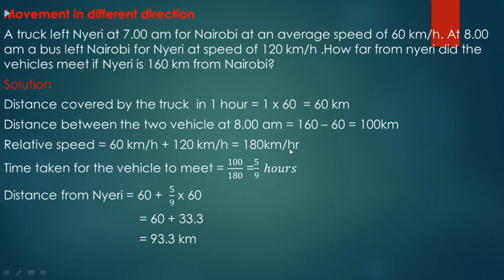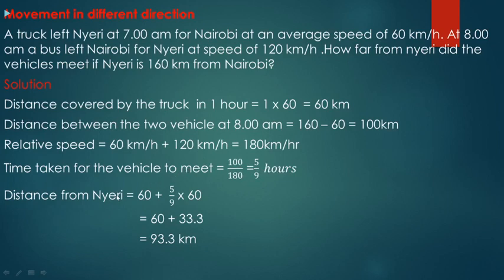The relative speed, because they are moving in different directions, we add the two speeds to get 180 kilometers per hour. So the time taken for the vehicles to meet will be the remaining distance over the relative speed, which is 100 over 180, which gives you 5/9 hours.